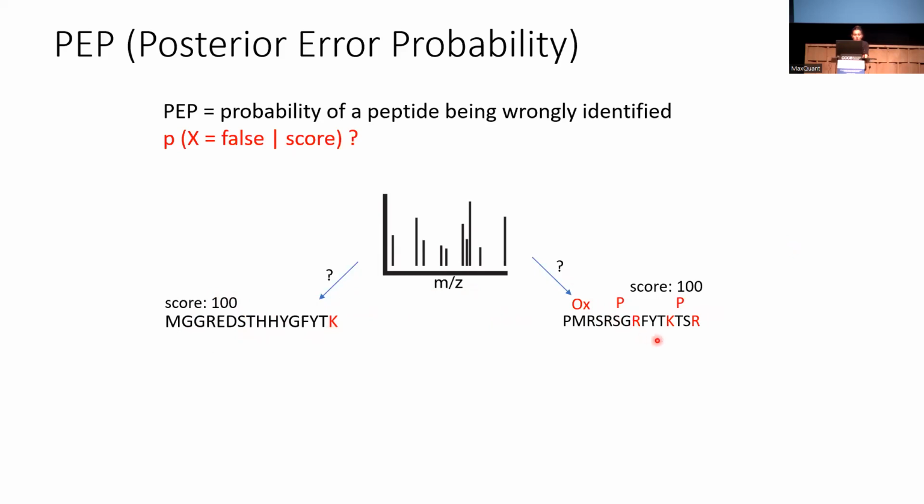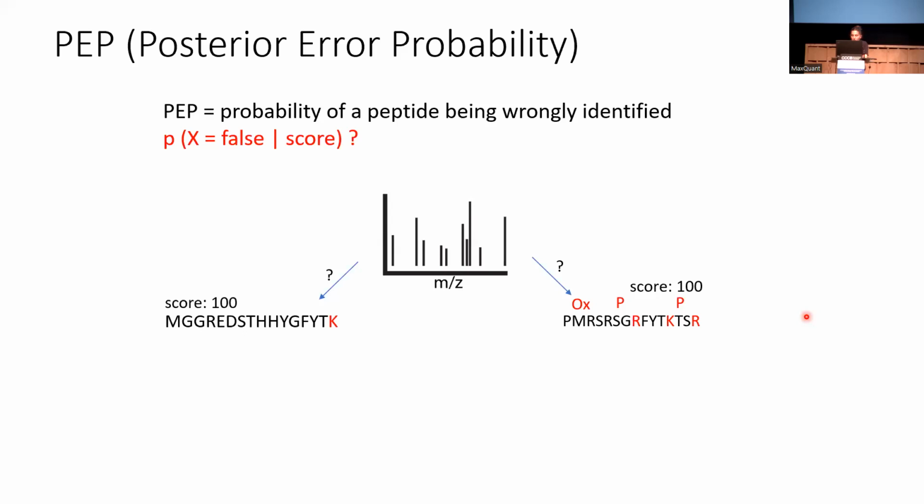The other one is also tryptic, but has two miscleavages and three different PTMs. Now a question for you to think about: which one do you think is more probable to be the correct peptide for this spectrum?